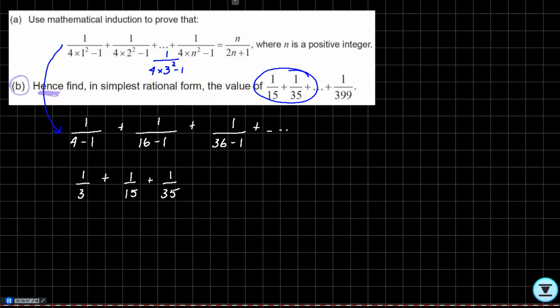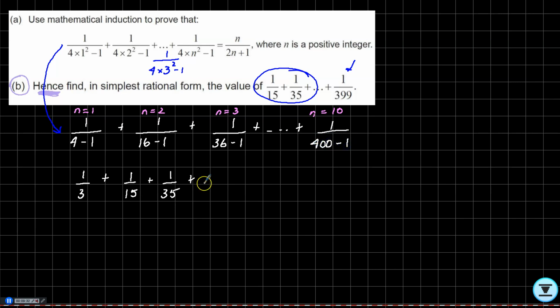What is your n value going to be for this one? Because when we were doing this, this is when n equals 1, this is when n equals 2, and this is when n equals 3. So what would n have to be to get 399? You can play around, but hopefully you can see that it has to be 10. Right, so that would be 1 over 4 times 10 squared, which is 100. 100 times 4, we get 400.